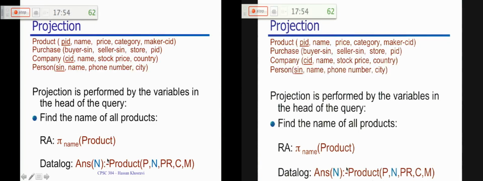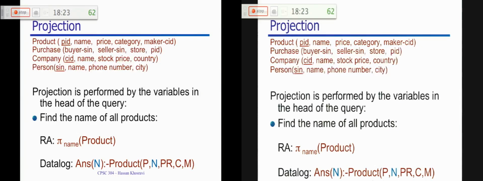In Datalog, it would be product, and product has values, variables P, N, P, R, C, and M. So that's the PID, that's the name, that's the price, that's the category, and this is the maker. And what I want to be returned is just the N. So I'm making a new predicate, N, where that N is being returned.